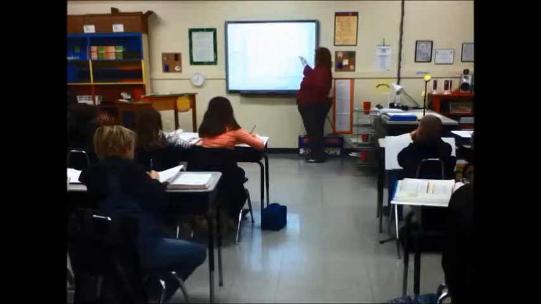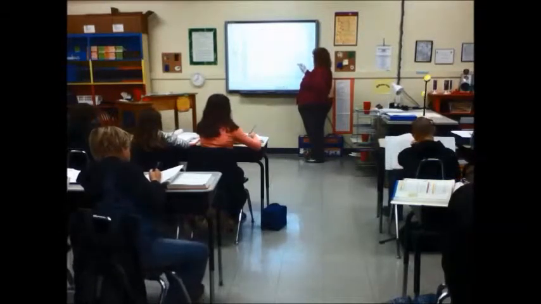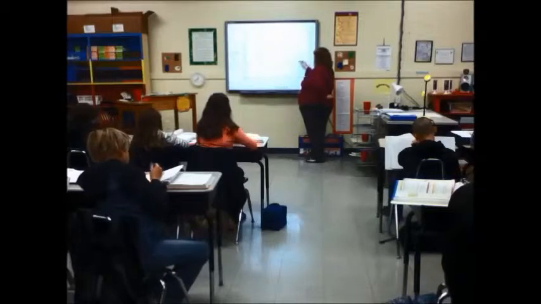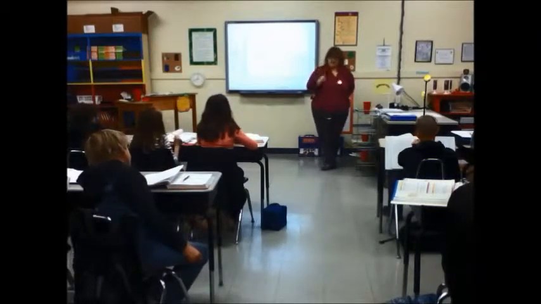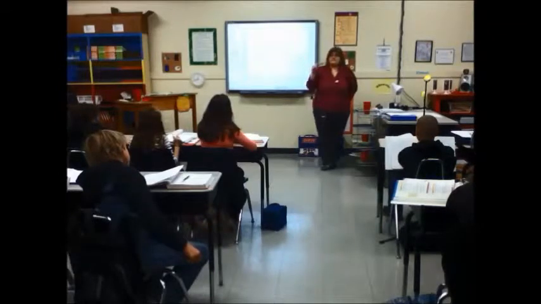4 times 5 equals 20. And 9 times 3 equals 27. So I'm going to think to myself, do I know of a number that goes into 20 and into 27 that would help me simplify this?